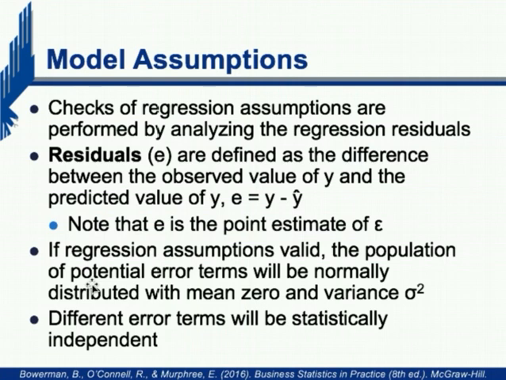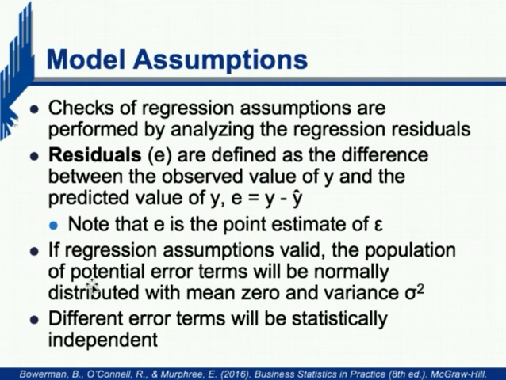As mentioned earlier, residuals, denoted by small letter e, are defined as the difference between the observed value of y, the actual value of y that you obtained from your sample, and the predicted value of y, which is denoted by y hat, using the regression model. Note that e is the point estimate of the Greek letter epsilon. Epsilon refers to the population parameter, so e is only the point estimate that we obtained from the sample.